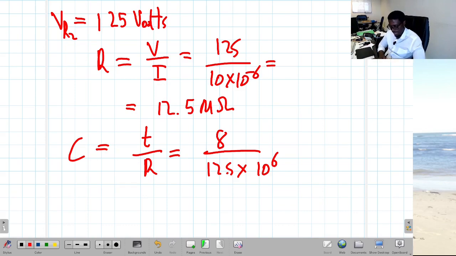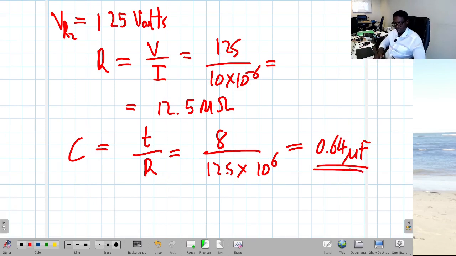And that, our friends, gives us the capacitance value of 0.64 microfarads. And that's how we determine these two important variables in a peak reading voltmeter, and that's how a peak reading voltmeter operates.